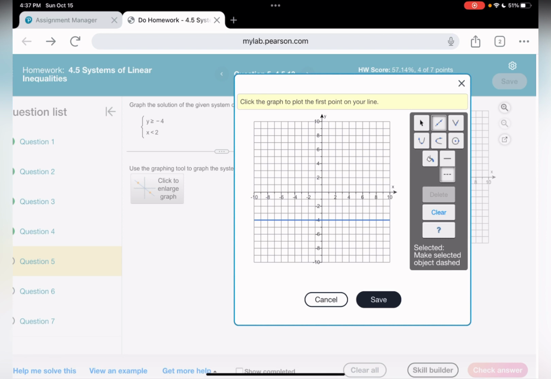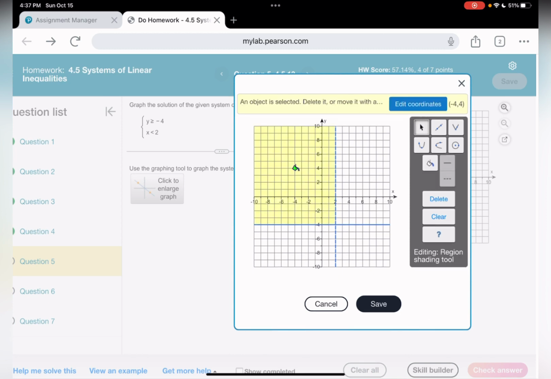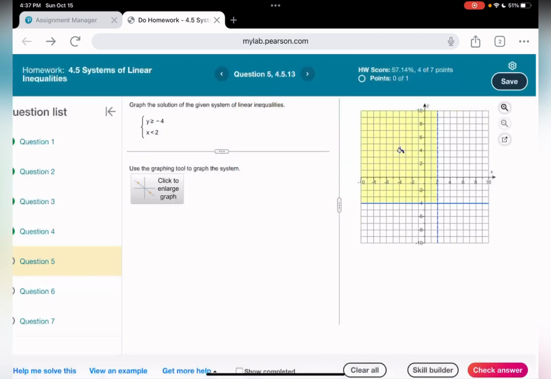Where is 2? Here is 2. Anywhere on the line. Okay, it's dashes. Now, y is greater than negative 4, so it's going up, and x less than 2 is going to the left, which means it's going to be the same quarter.